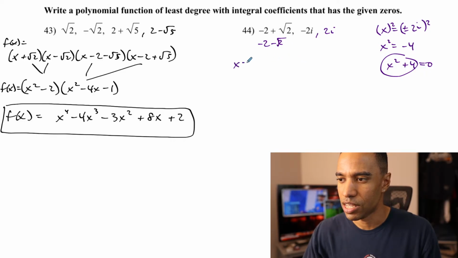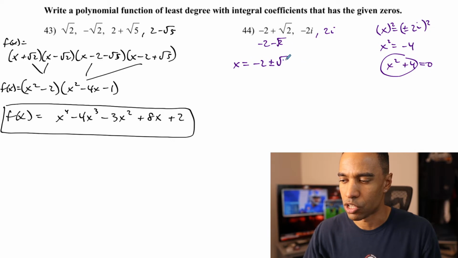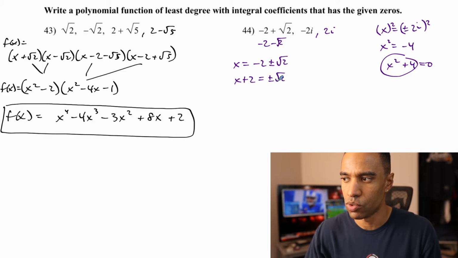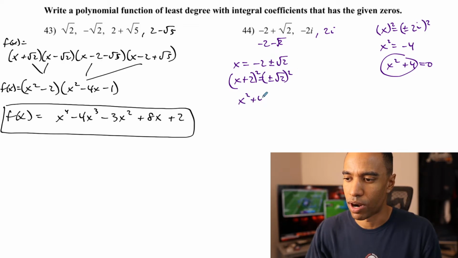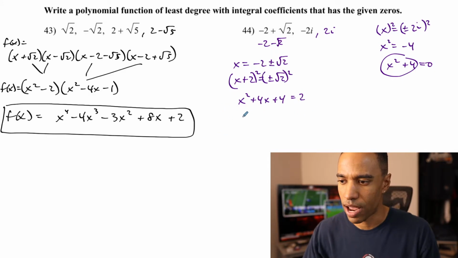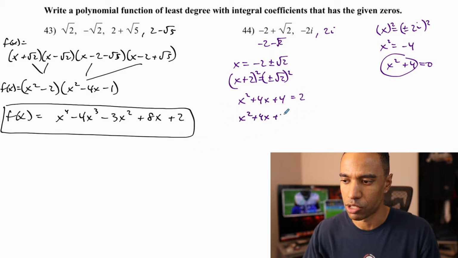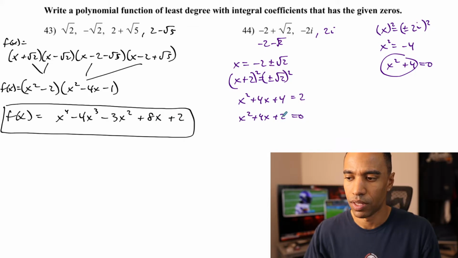And if x equals negative 2 plus or minus root 2 right here, I add 2 over. X plus 2 equals plus or minus root 2. Square both sides. I get x squared plus 4x plus 4 equals 2. Subtract 2 over, I get x squared plus 4x plus 2 equals 0. And there's another factor.